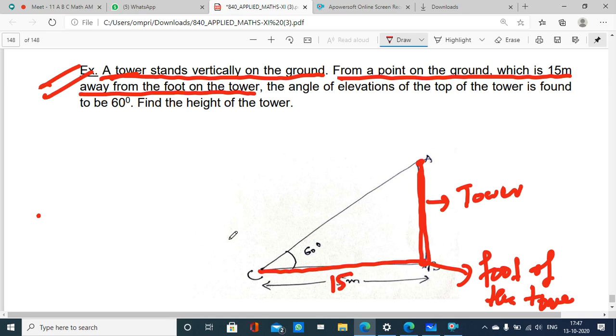So from a point on the ground which is 15 meter away from the tower, means from this point C, the angle of elevation of the top of the tower is 60 degree.